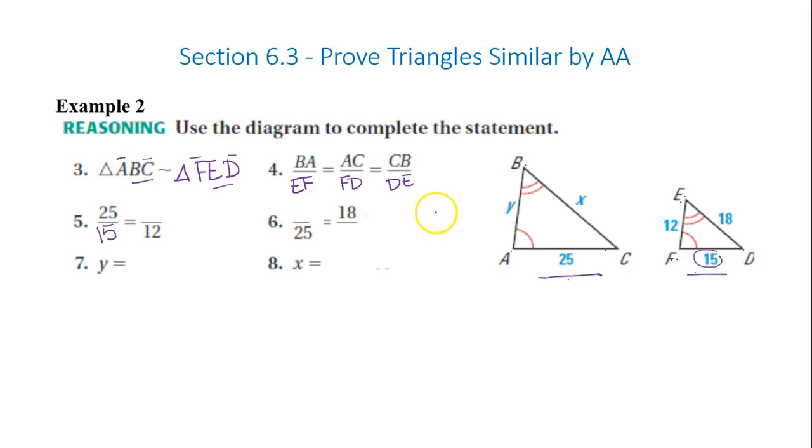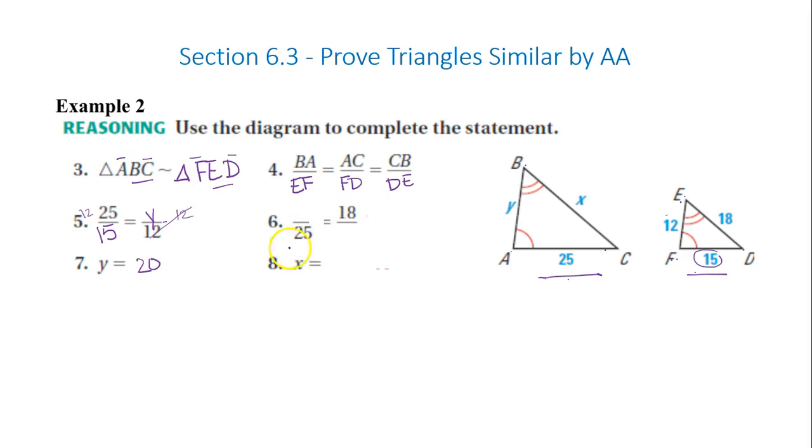And then corresponding to the side that says 12 right here is Y. So place that above the 12 and you got your proportionality statement that is going to help you in solving for Y. So let's go ahead and do that. We can do cross multiplication here, or we can just simply multiply both sides by 12 to cancel this out right here. And all of this, 12 times 25 over 15, that will get us 20.